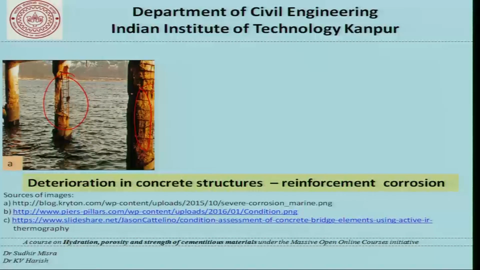Such deterioration does not happen very quickly, fortunately for us, but it does happen over a long period of time. So, when we design a concrete structure, we have to be careful about ensuring that during the service life of the structure, the required amount of functionality or the required amount of structural integrity is not compromised.